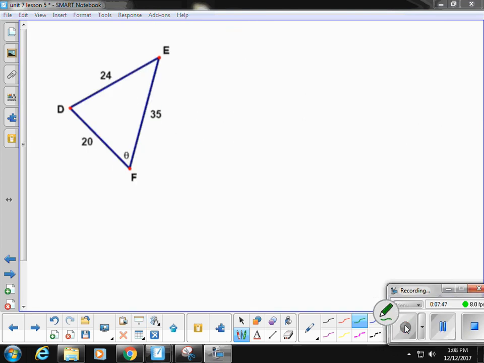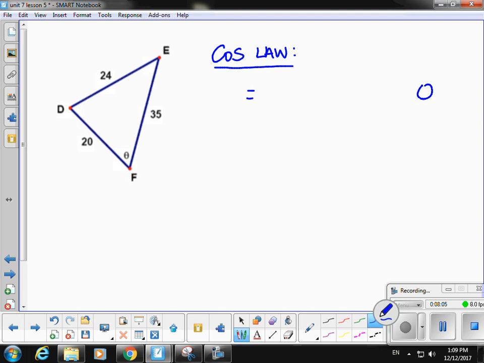The first one, I have 3 sides, and I'm looking for an angle. We decided that we would use the cos law. I don't have any angle side pair, and it's not a right angle triangle. So I'm going to set up the cos law as usual, and I know that the cos law ends with an angle, so that's where I want my theta to be, at the end.